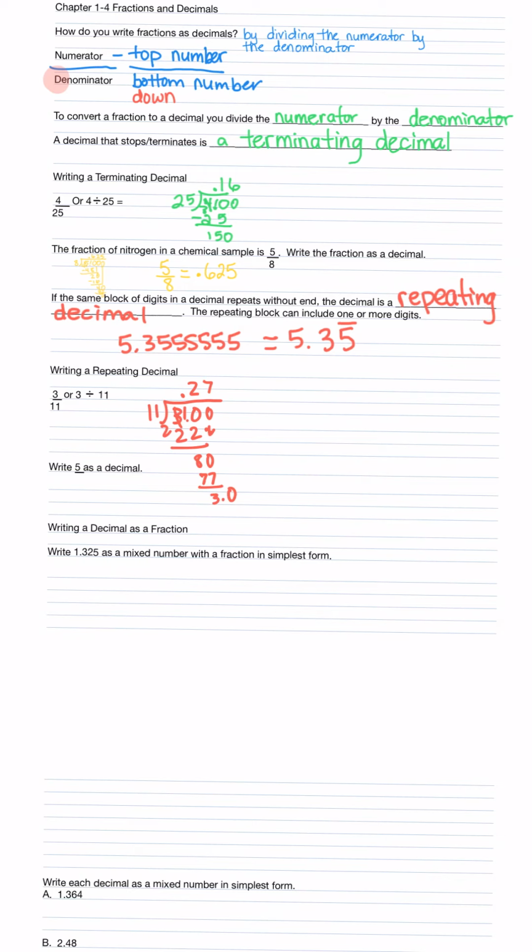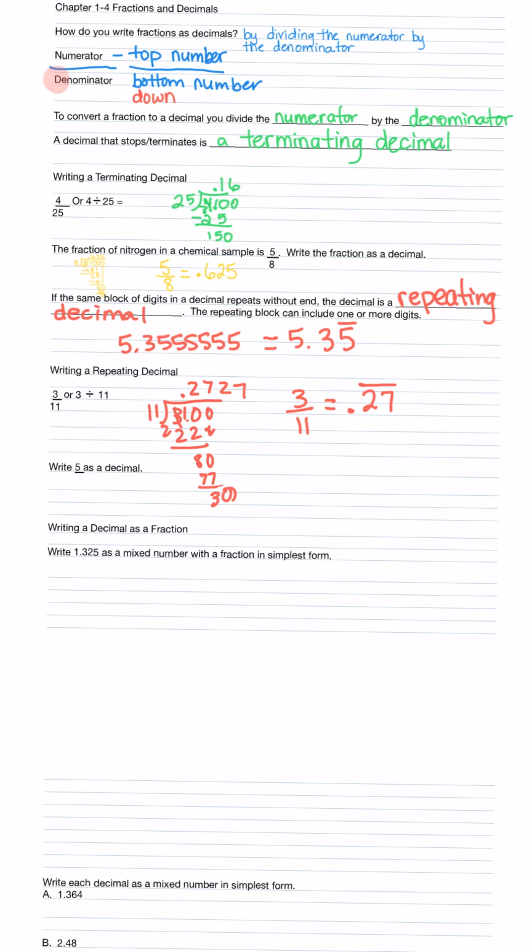It keeps going and going. So we can say 3 over 11 equals 0.27 with a line over it. The line goes over the 2 and the 7 because both the 2 and 7 repeat. It's 0.2727272727.